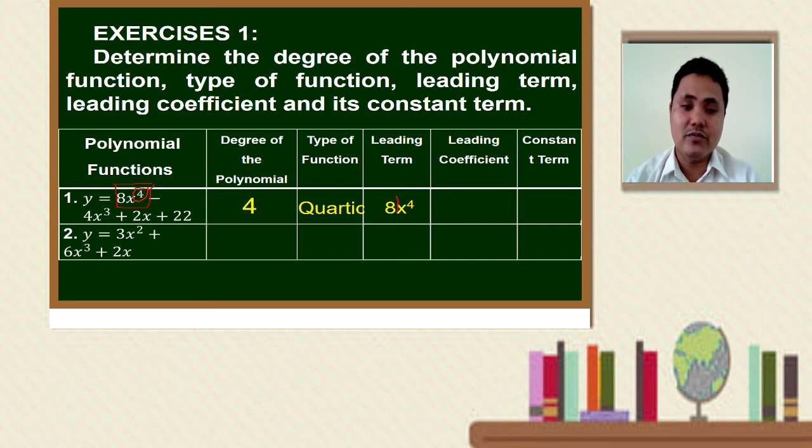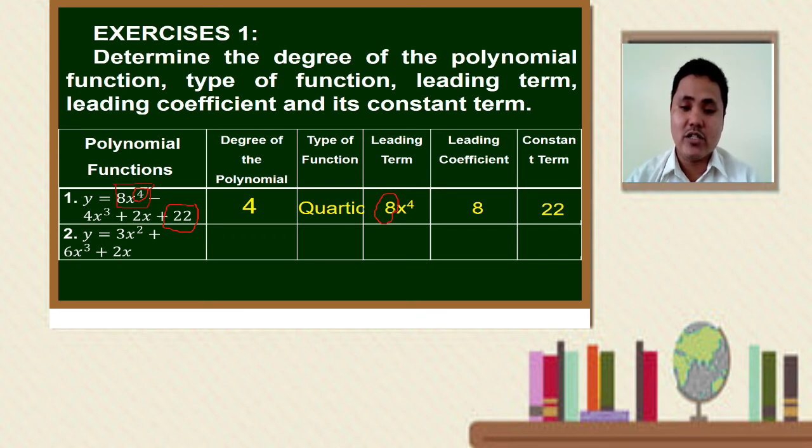So that is equal to, yes, that's 8. And for the constant term, you have to look for real numbers without variable. So we observe that it is here, no? So that is 22.